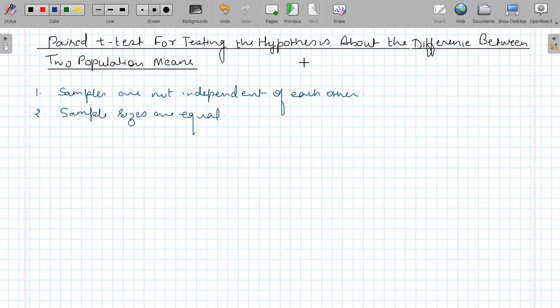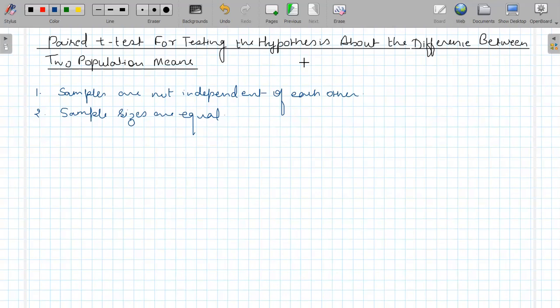So that we want to see if there is a reduction. Obviously we want the reduction in the BP. So we say that we want to test that the difference between the values of BP before and after giving the drug is positive, right?